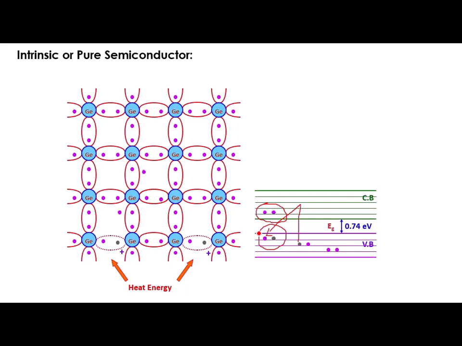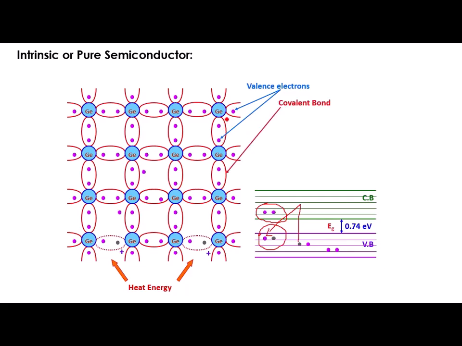And since the number of electrons and the number of holes are exactly equal in the case of a semiconductor, they will contribute equally to the process of conduction. Here in this figure, these are valence electrons which are taking part in the bond formation.